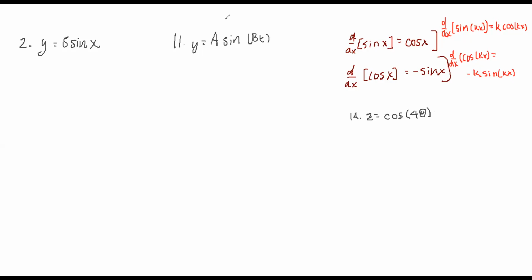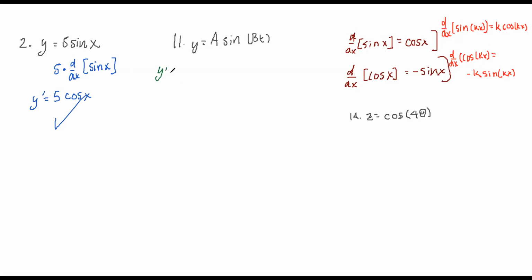Okay, so for number 2, pretty straightforward in that we have a constant times a function. This is going to be 5 times the derivative of sine x. We know that the derivative of sine x is going to be cos x based off of our rules. So this is going to be 5 cos x. That's y prime. Over here, again, we have a constant.